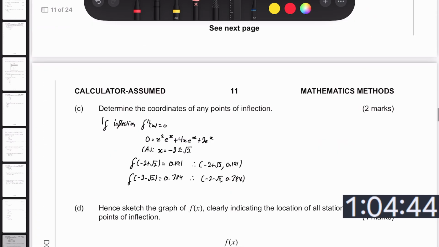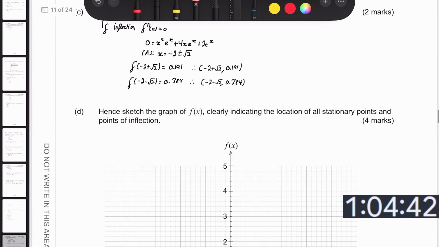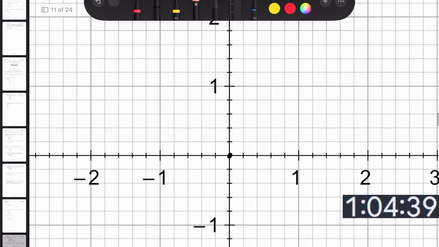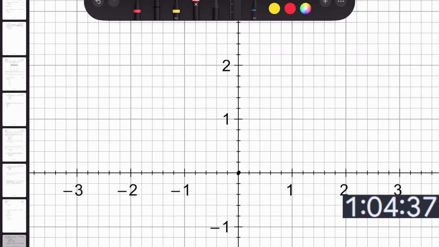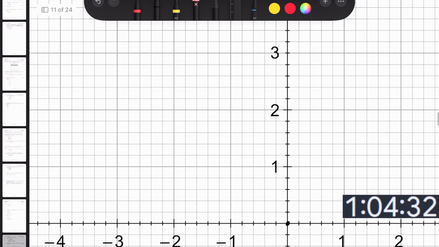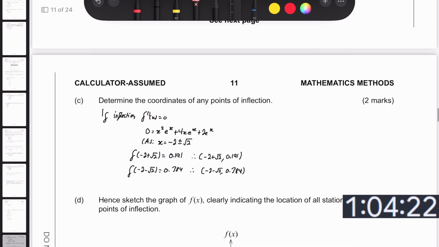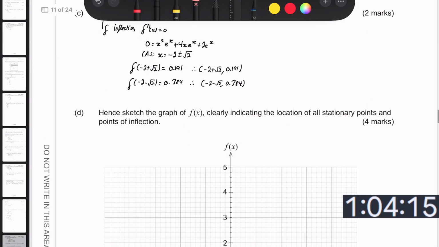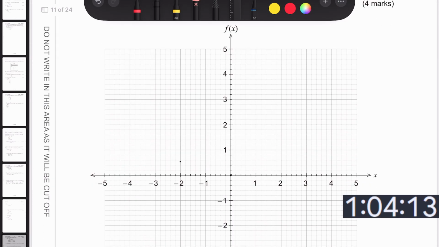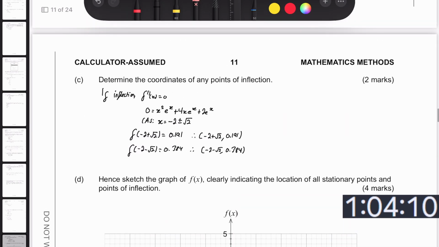I have to sketch it. Okay. So 0, 0 was a minimum. Negative 2, 4 divided by e squared is 0.554. So a bit higher than halfway. And then negative 2 plus square root of 2 is negative 0.585.